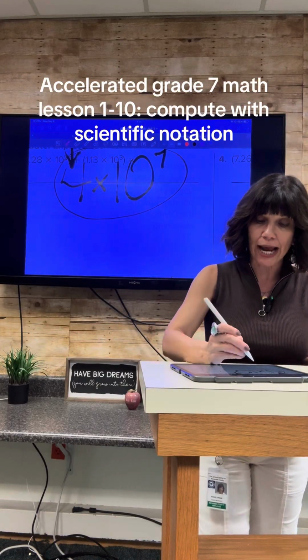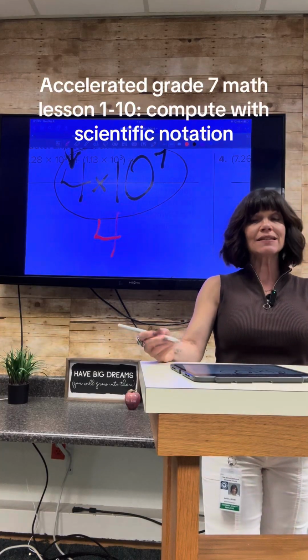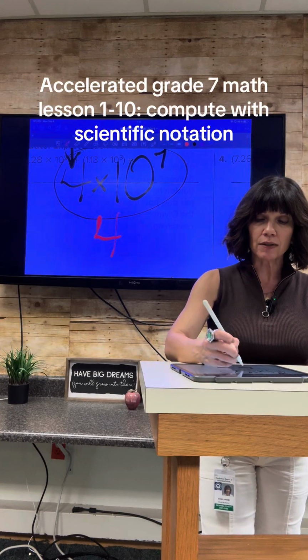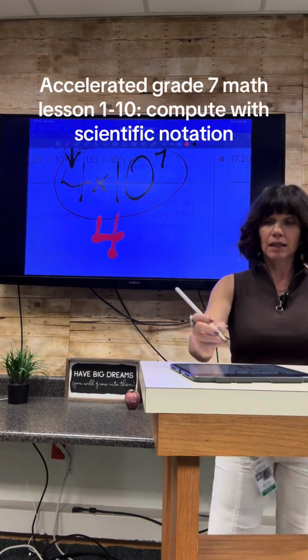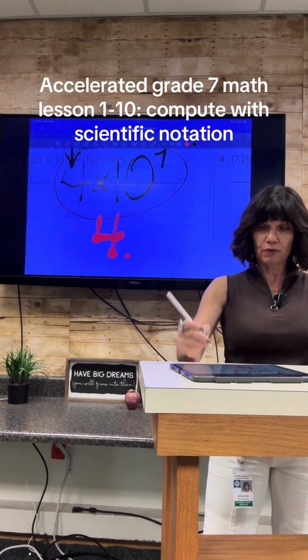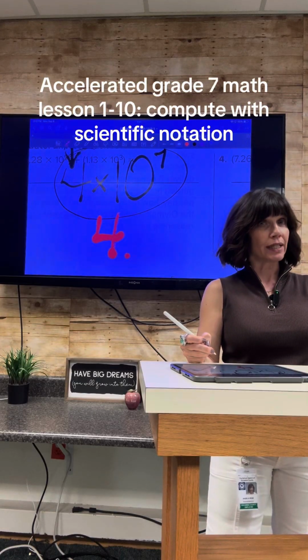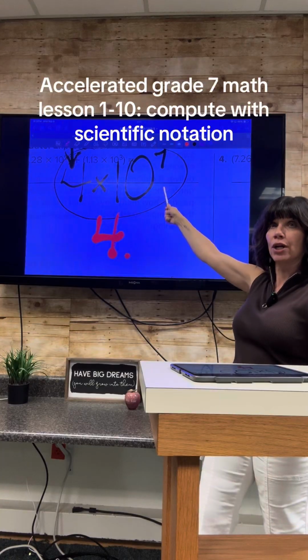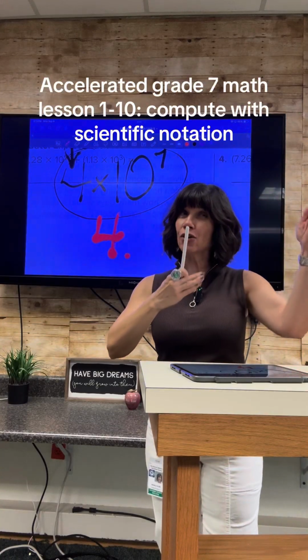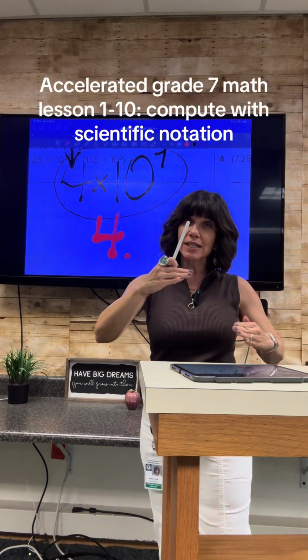Please rewrite just the 4. Place the decimal where you know it belongs. Where does the decimal belong? In front or behind? Behind. Right there. That's where it is currently. But then it says times 10 to the 7th power. Class, is that exponentially increasing value or exponentially decreasing value?